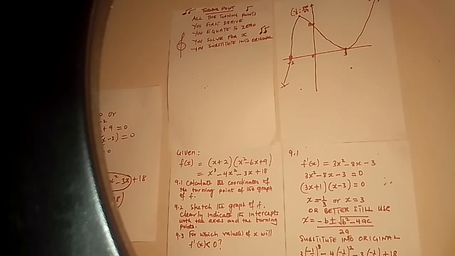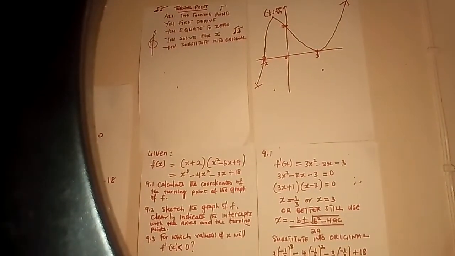So we need to check with our solution. We need where the slope or the tangent to the curve. If you put a tangent to the curve, we want to see which side is negative, or which side the slope is negative. So here, boys and girls, you don't need to go far.